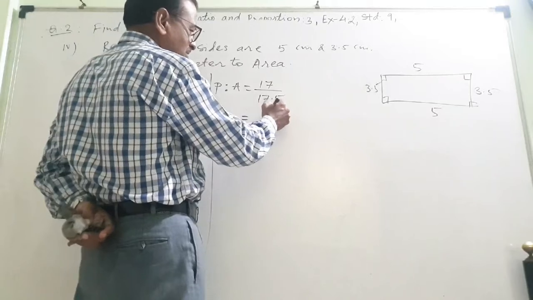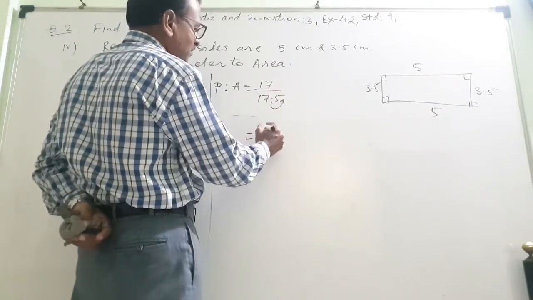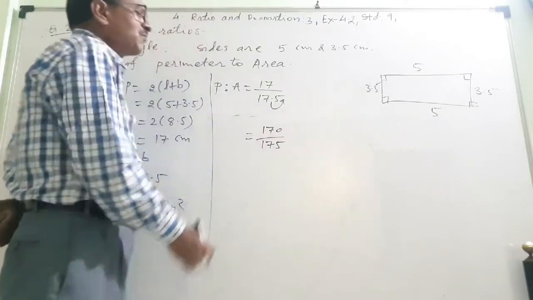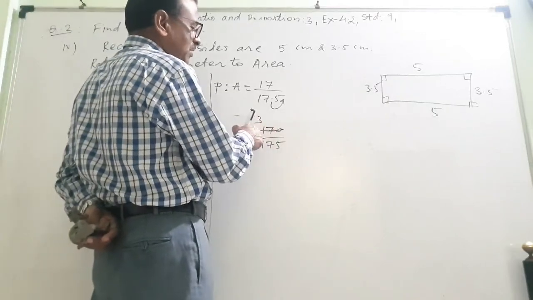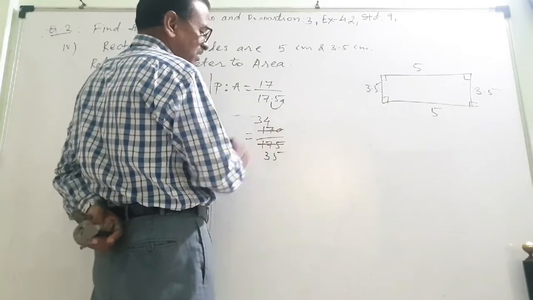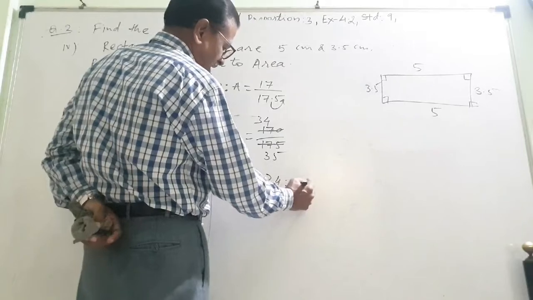I will shift this here, and so I will write this as 170 upon 175. By 5 I can divide. 5 3s are 15, 5 4s are 20. 5 3s are 15, 5 5s are 25, and that is nothing but 34 is to 35.